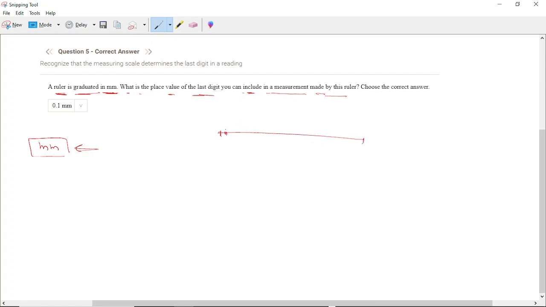That means it will be 0.1, 0.2, 0.3. This is 0 till 1, and then 1.1, 1.2, 1.3, and go to 2. So the measurement made by this ruler, because I'm talking about 1 millimeter, will be 0.1 millimeter.